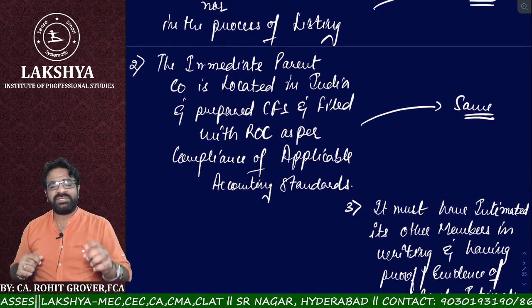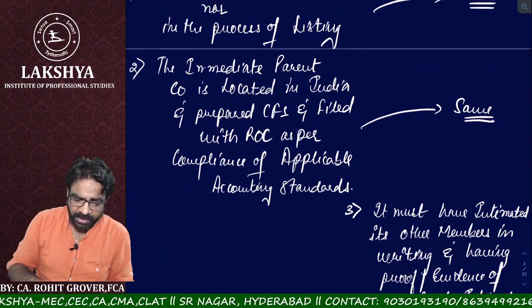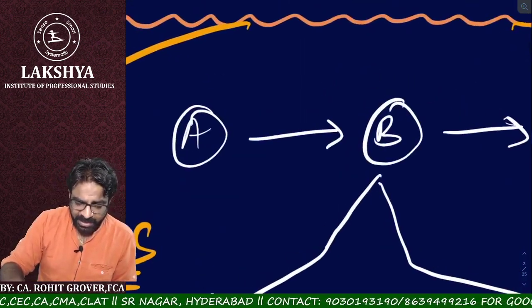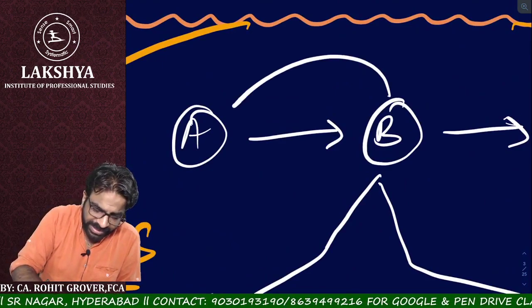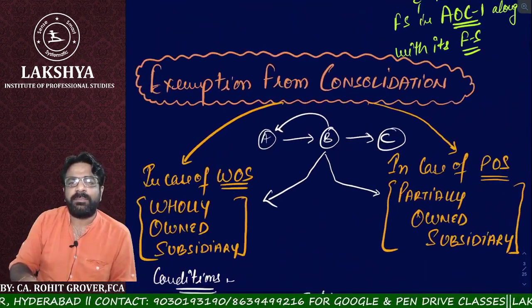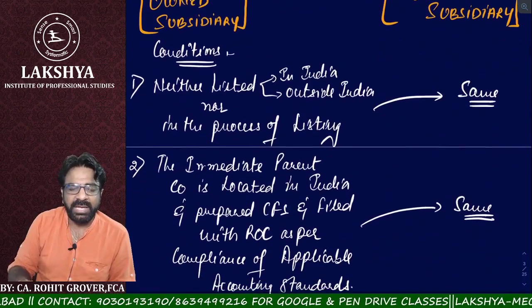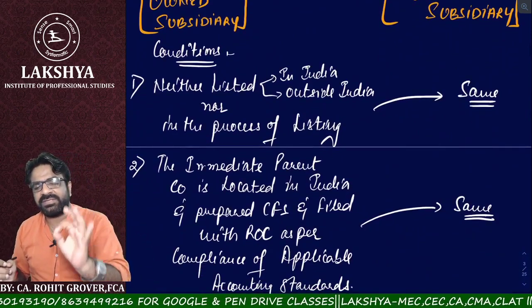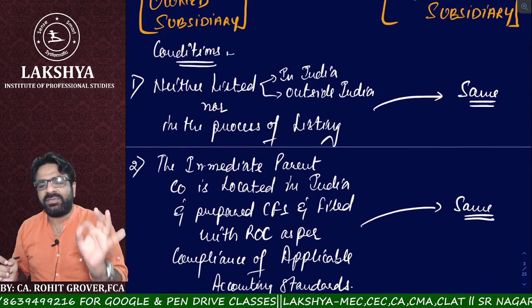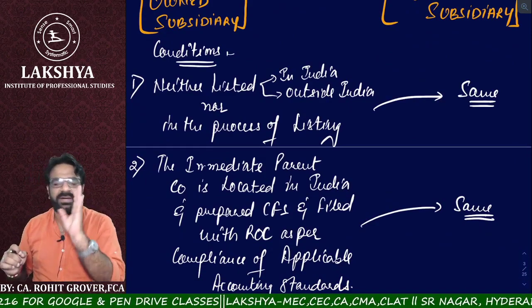The second condition is your immediate parent company. Now tell me, what is the immediate parent company of B? A. Your immediate parent company must be located in India, filing with the ROC the various registers and returns, and complying with the appropriate accounting standards.